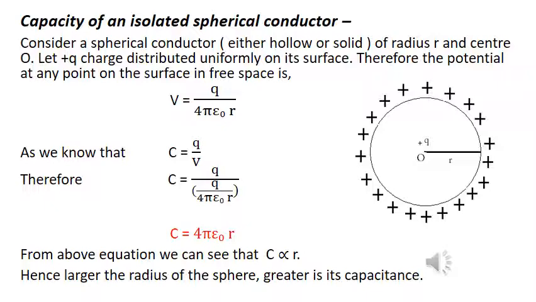This is the capacitance of an isolated spherical conductor. From this equation we can see capacity is directly proportional to the radius of the spherical conductor. Therefore, we can say the larger the radius of the sphere, the greater will be its capacitance.